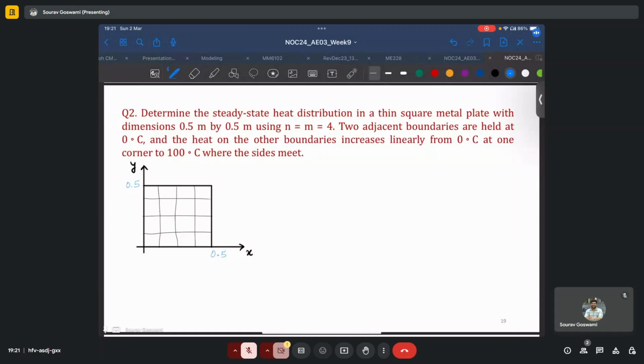We are given the choice that two adjacent boundaries are held at 0 degrees Celsius. So let us take the left and bottom boundaries at those two temperatures, but any two adjacent boundaries will do. So u at (0, y) is set to 0 and the bottom one, u at (x, 0), is also set to 0.